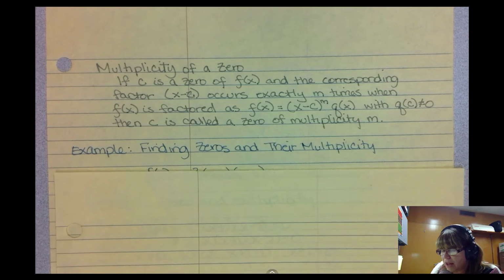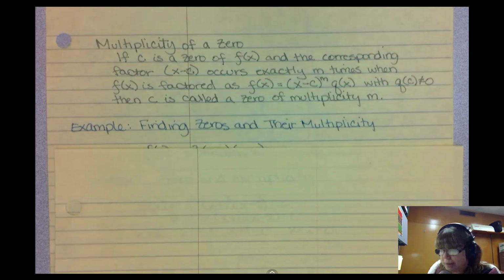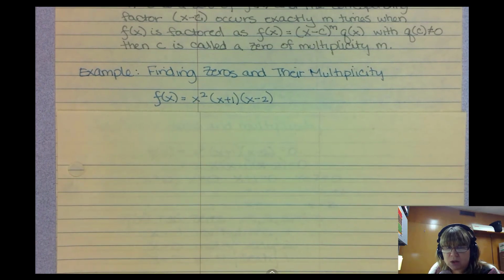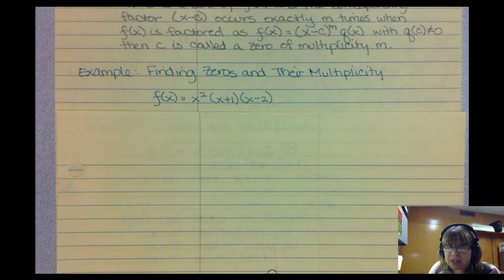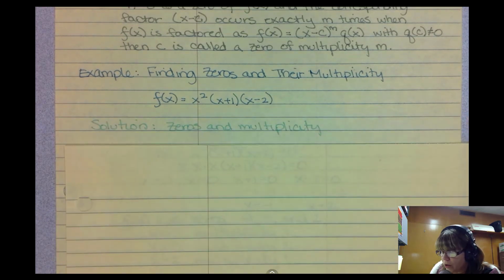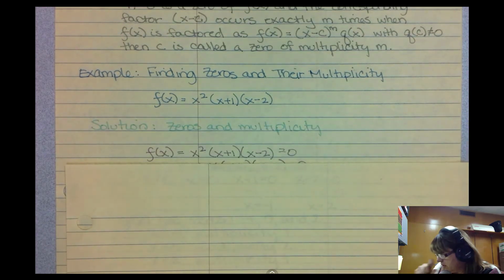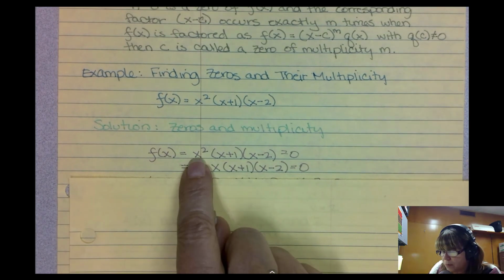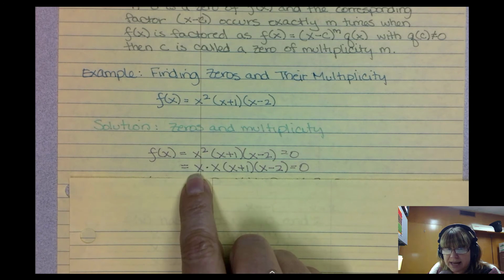So let's find our zeros and their multiplicities. We have f of x equals x squared times x plus 1 times x minus 2. Again, we're going to set this equal to 0 to find our real zeros. I'm going to break this x squared up as x times x.